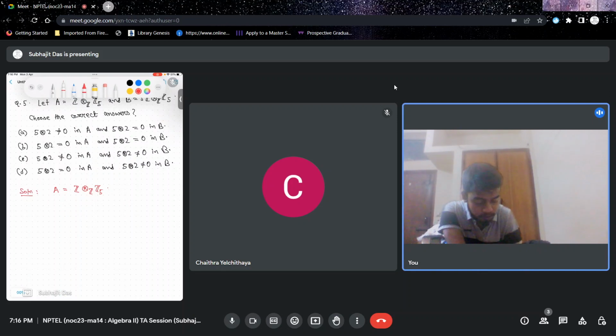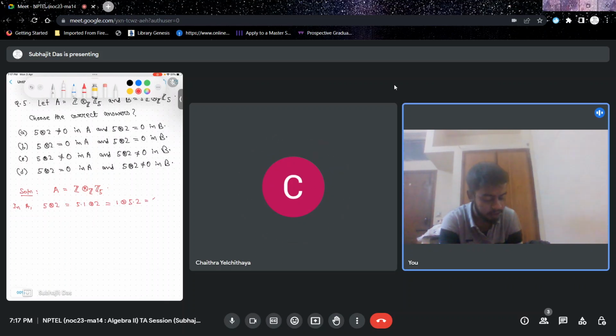Well, sorry, this won't be 0. I just need to check whether 5 tensored with 2 is 0 or not. In A, 5 tensored with 2 can also be written as 5 times 1 tensored with 2, right? 1 is an element of Z, and therefore we can make this decomposition, and this is equal to 1 tensored with 5 times 2, isn't it?